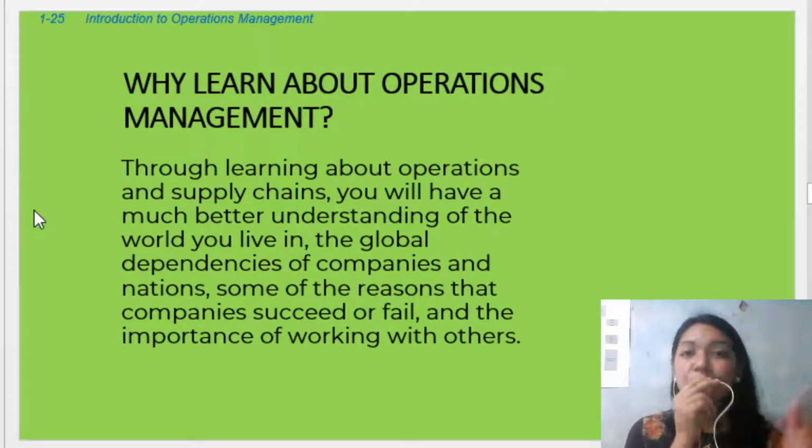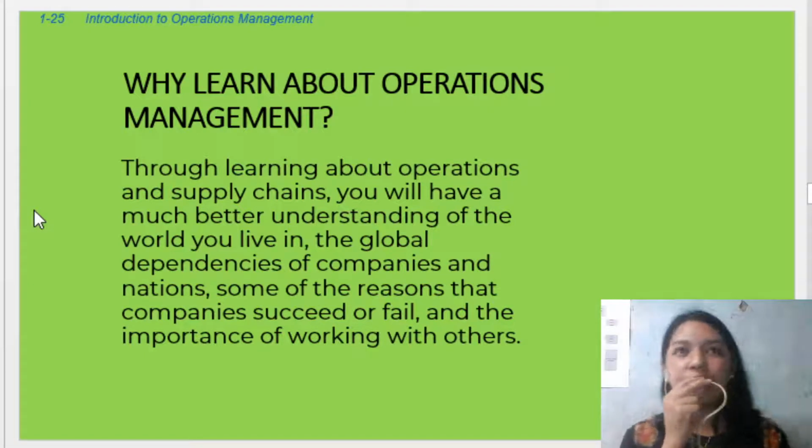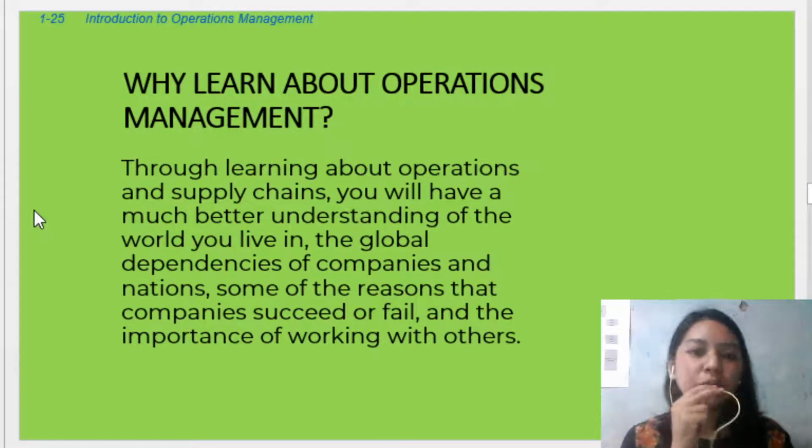Or how businesses operate. Because these are the things that employers are looking into, okay? The knowledge of their employees or their potential employees. So if you have a background about operations, you might have an advantage with regards to that.